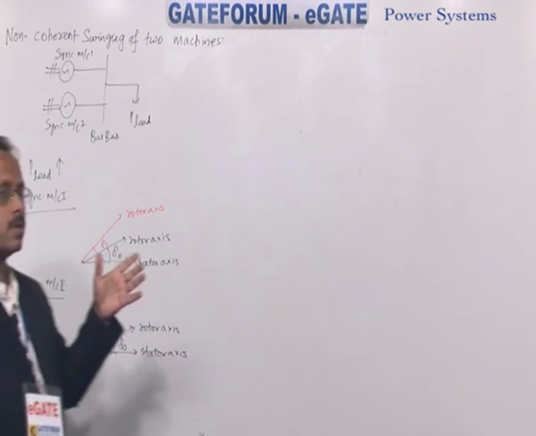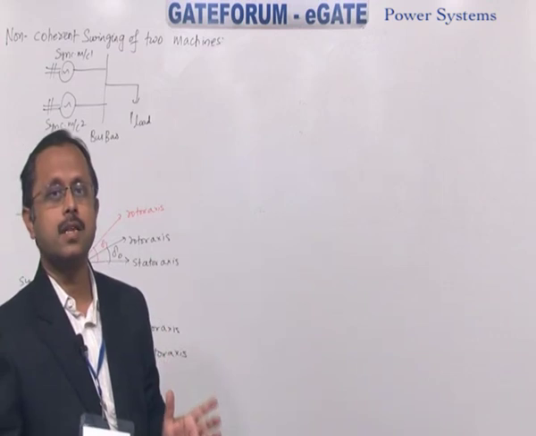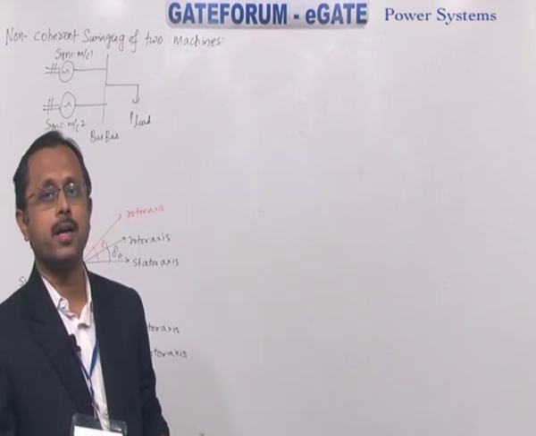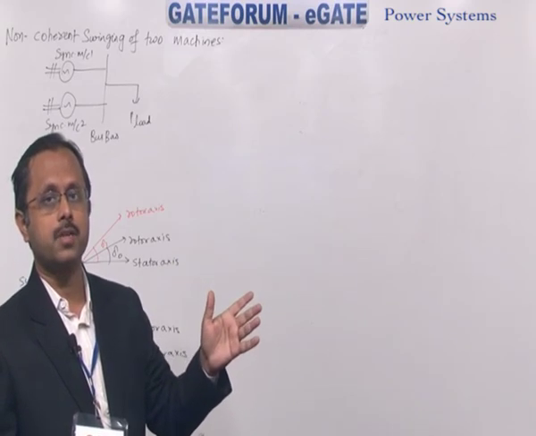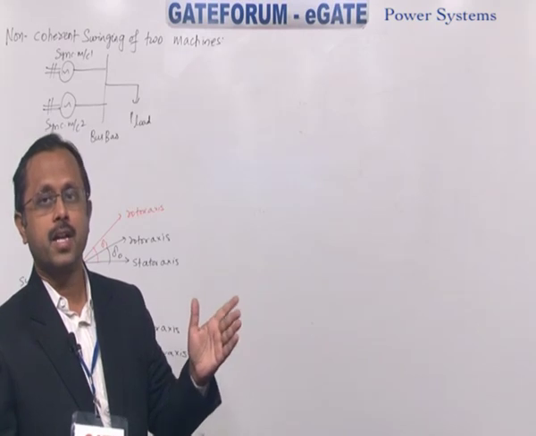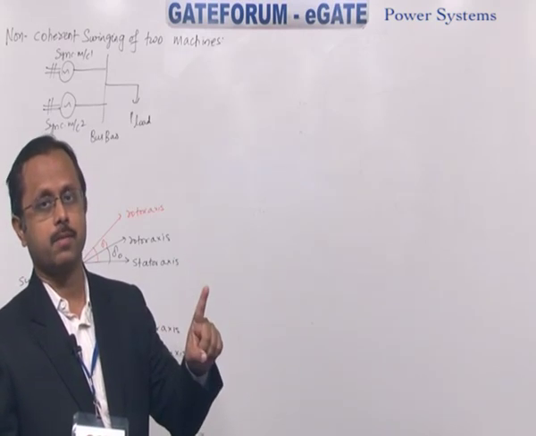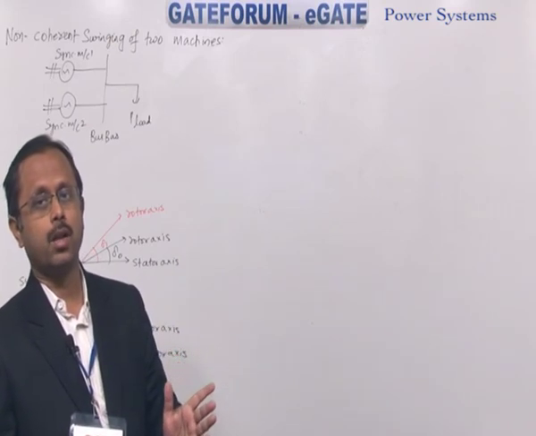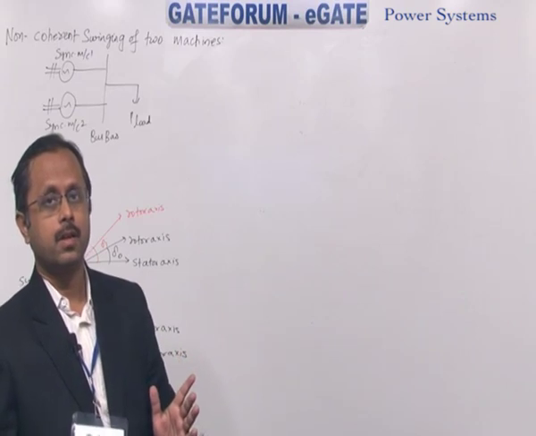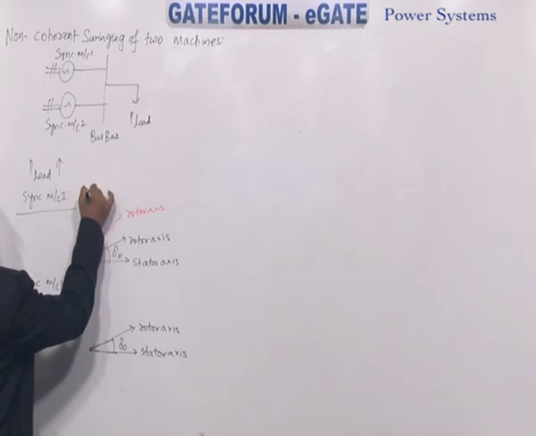Now when coherent swinging of synchronous machines exists, the increase in load demand is equally shared by the two synchronous machines. With non-coherent swinging of synchronous machines, the increase in load demand is shared by only one machine. So machine 1 takes the entire increase in the load demand.